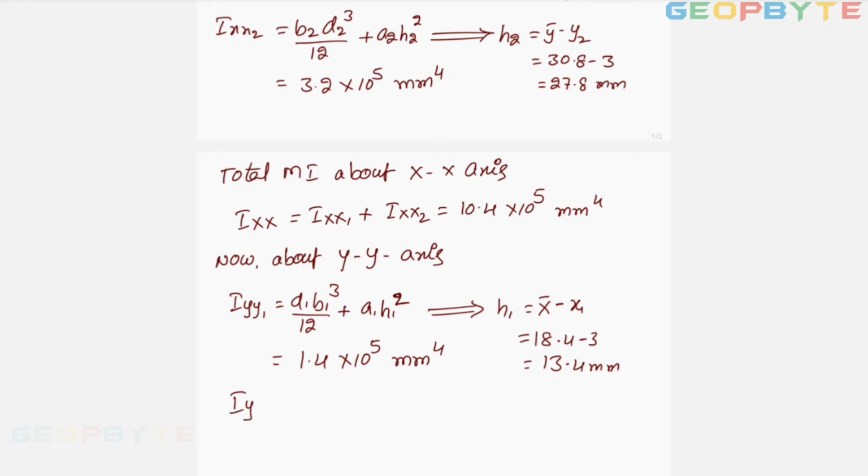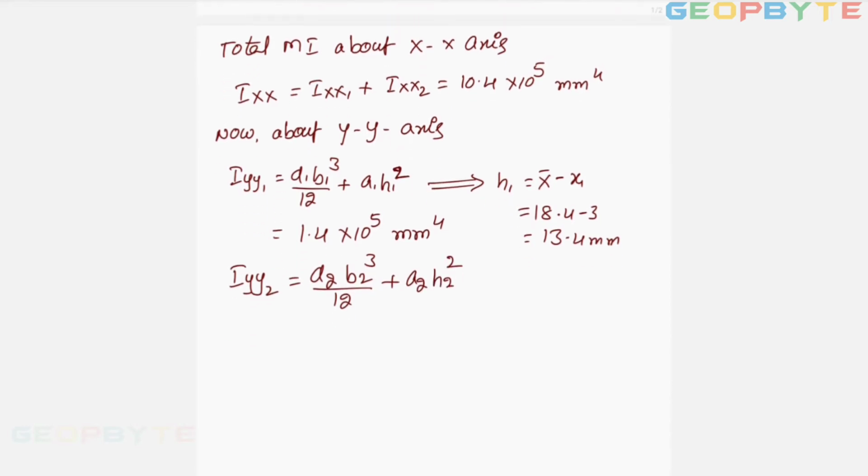Similarly, Iy2 equal to d2 b2 cube by 12 plus a2 h2 square. For this case, h2 equal to x bar minus x2.